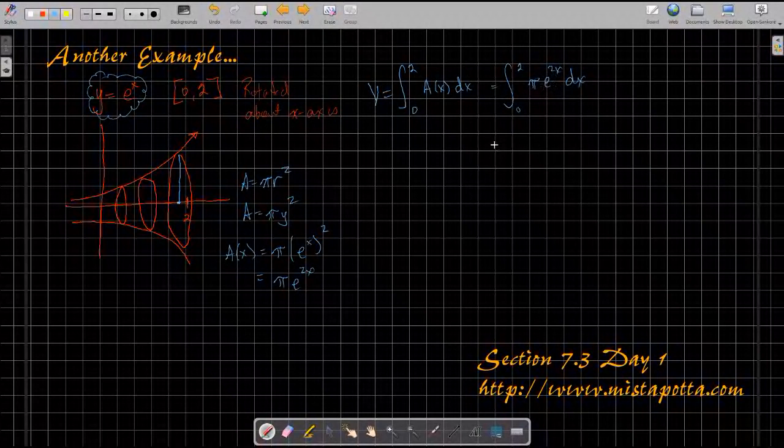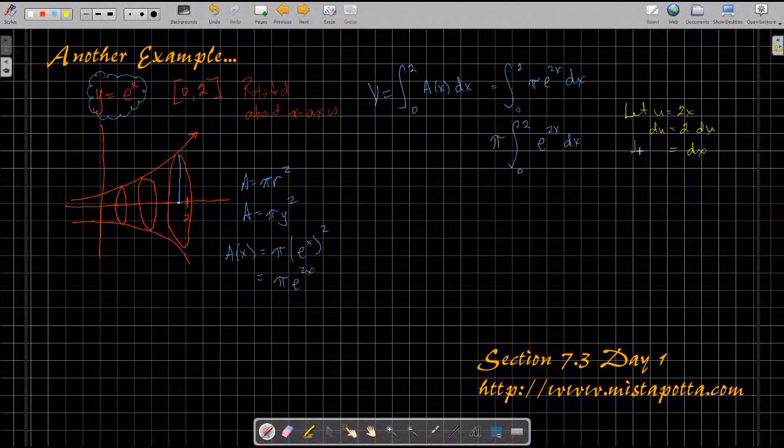And pi is a constant that I can pull completely outside my integrand. I've got the integral from 0 to 2 of e to the 2x dx. And I can solve this by use of substitution. I can let u be 2x, so du in this case would be 2 dx, and I don't have 2 dx. All I have is dx.